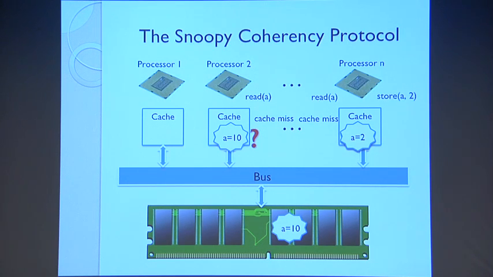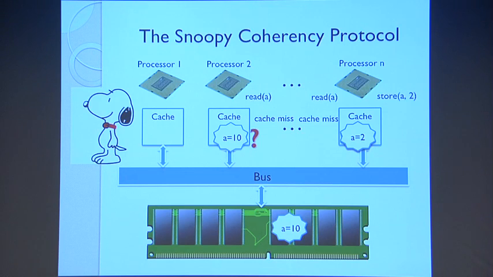But what does processor number 2 need to do? The idea of cache coherence is that everybody will see the same values of the memory. So for that, there is the Snoopy cache coherence protocol, which basically says everything is passed on the bus.